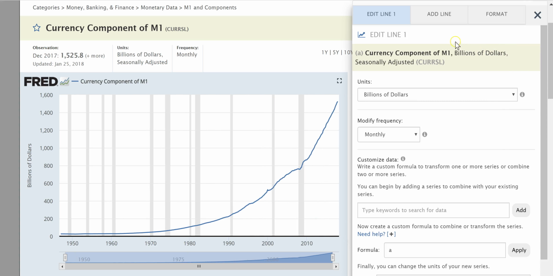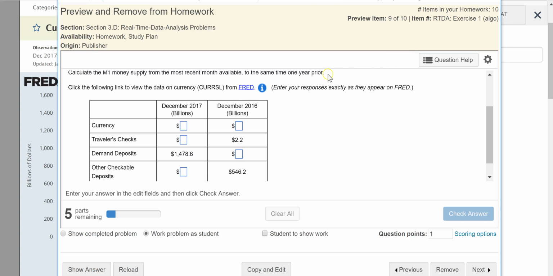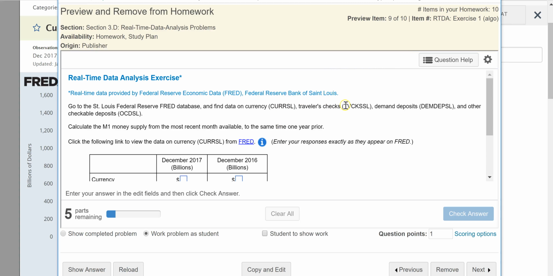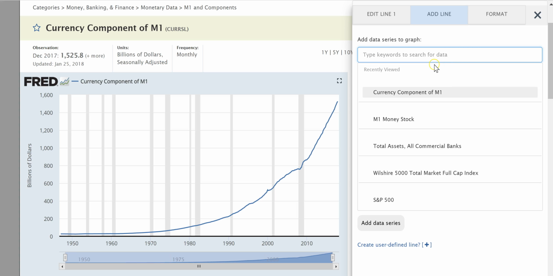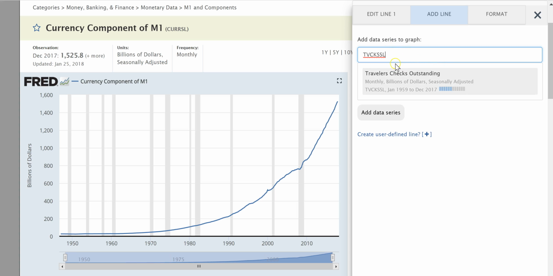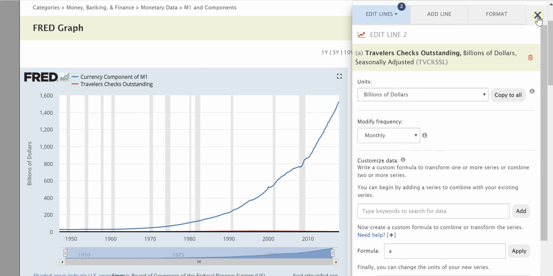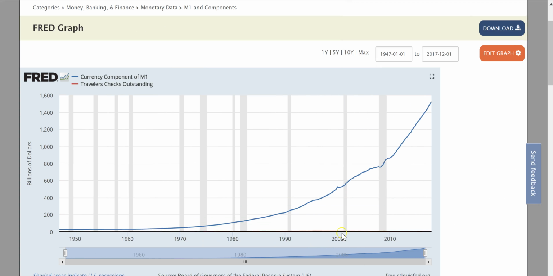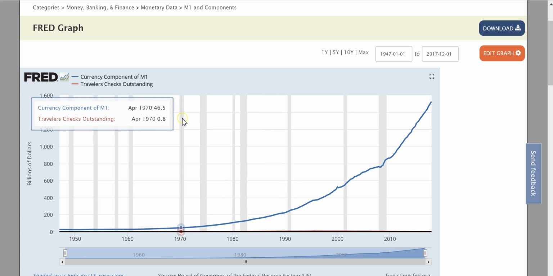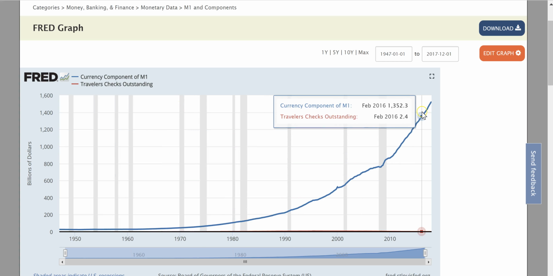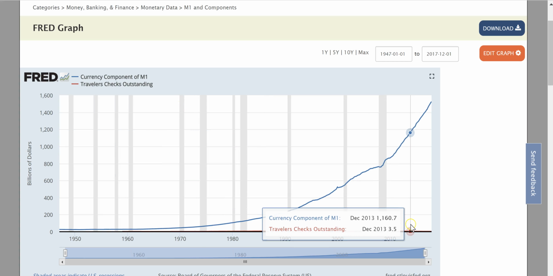Now let me add the other 3 lines. As I said, we will need this symbol here. Let me copy and paste that into this add data series to graph. Once you put that symbol down, you can see traveler's checks outstanding, so we add that. Now let me close that. Right now the blue curve, which is the currency component of M1, seems to be the only one showing on this chart, but it's not.